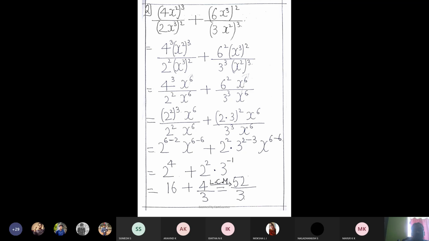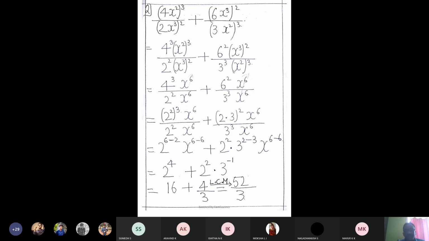Next simplification, we are not bothered about the next step of simplification. If you want, do it, otherwise just leave it. And this is what exactly the answer is. Now if you want the final answer, I can just say this: 16 plus 4 by 3. 16 plus 4 by 3 is the answer.